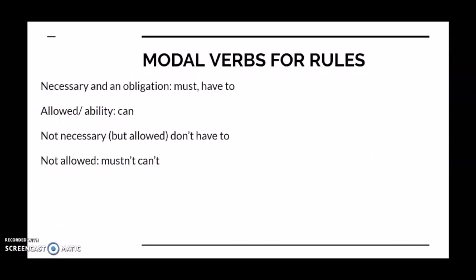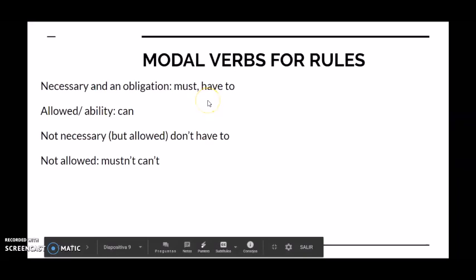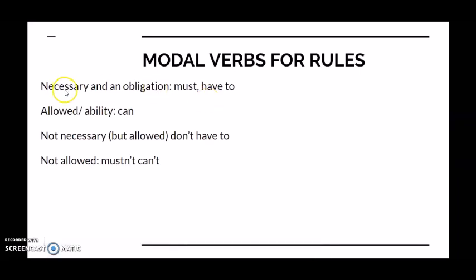Okay, just to recap or review, modal verbs for rules. For something that is necessary or an obligation, we use must or have to. For something that is allowed, or ability, we can also use can for permissions.